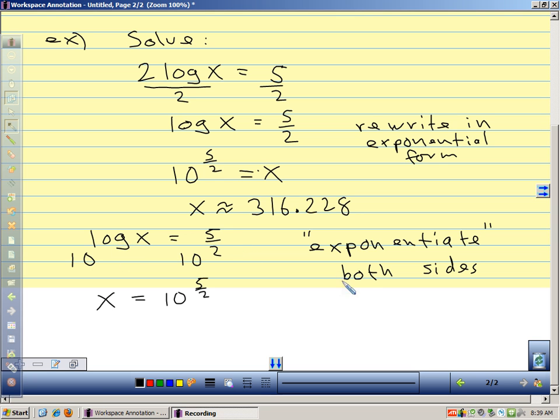So we can exponentiate both sides is another way that we can think about this. You don't have to think about it this way. For some people that makes more sense. So it's up to you. They're both equivalent. Any questions before we do the next example?